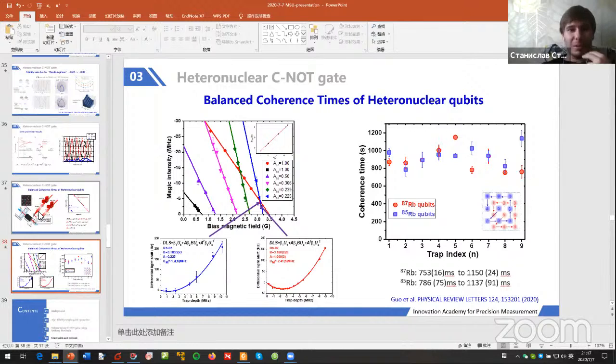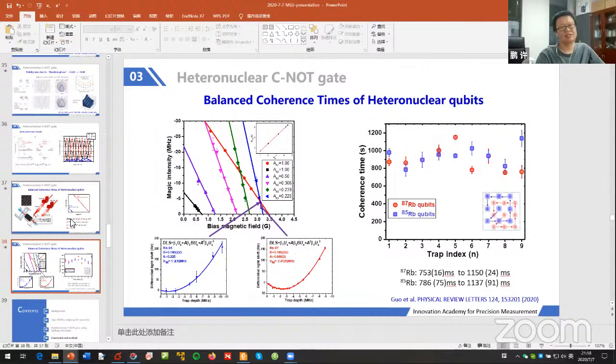Yes. And do you see any reduction in the lifetime in the elliptically polarized trap? No. As long as you do not add some resonant light during this elliptic trap, you will not have any reduction in the lifetime. The major point is the resonant light.